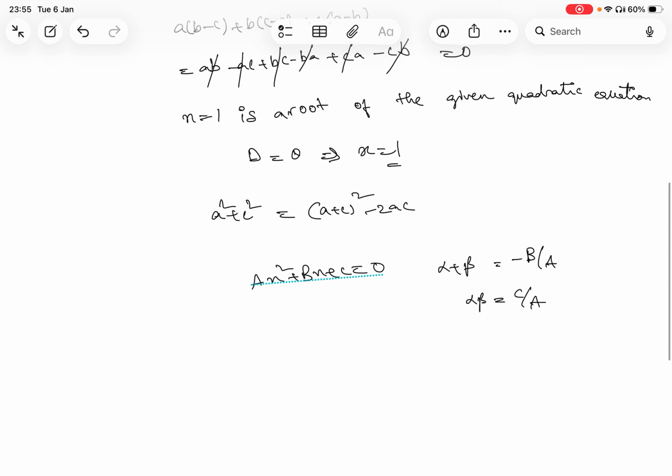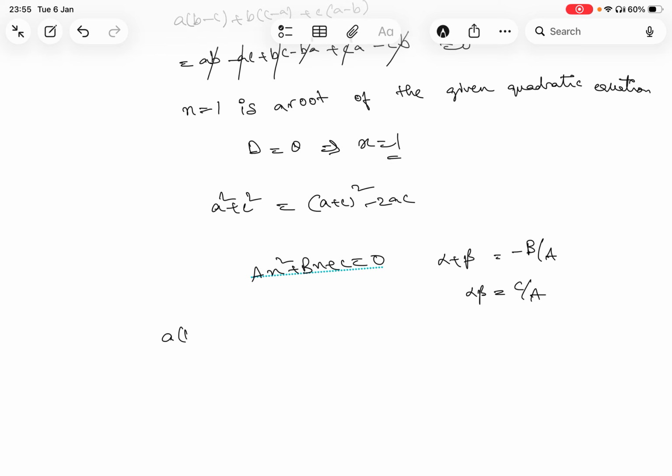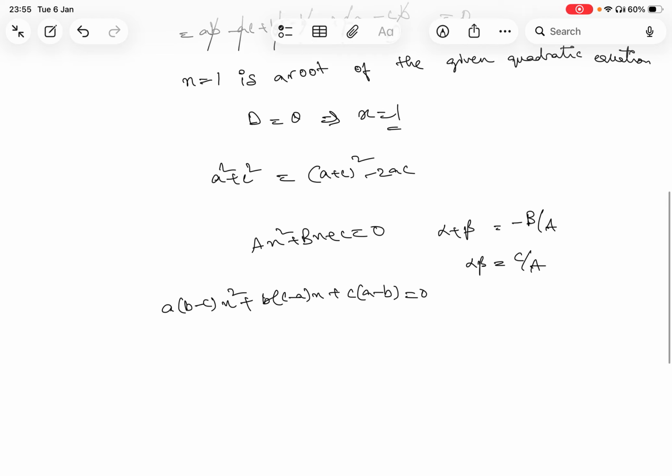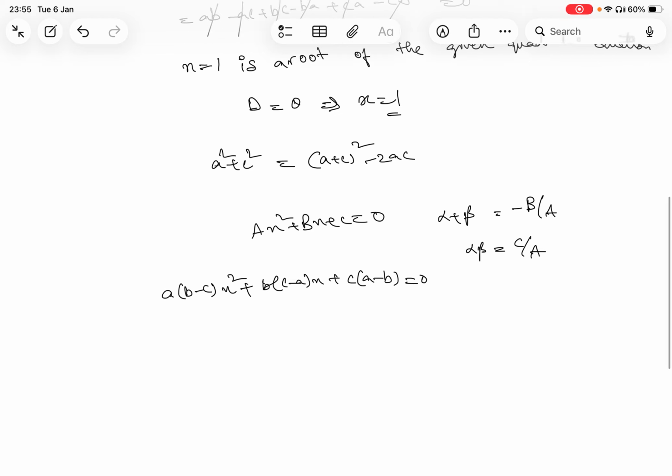Now for our case, a(b minus c)x square plus b(c minus a)x plus c(a minus b) is 0. Here it's a double root, right? x equal to 1, so 1 into 1 will be 1.